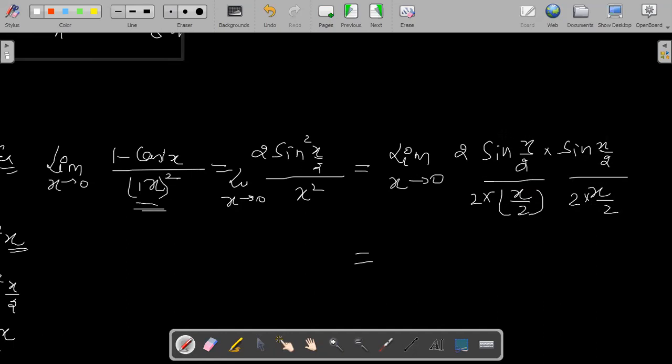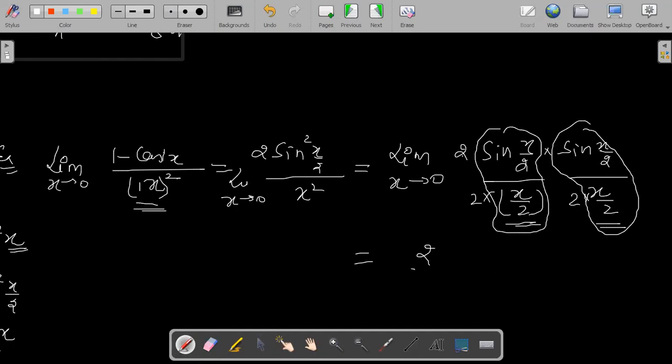Again, this limit can be applied here and this can be applied here. This will give you 1, this will give you 1. So 2 from this part, divided by 2, this will give you 1 into this is 1 by 2, and this will give you 1. So you can write the answer is equal to 1 by 2.